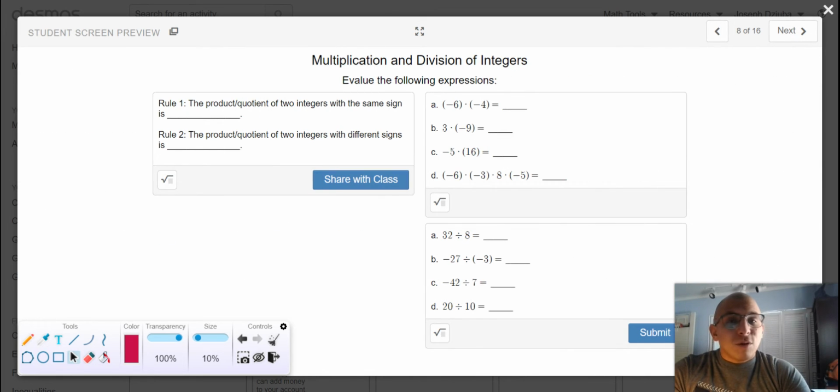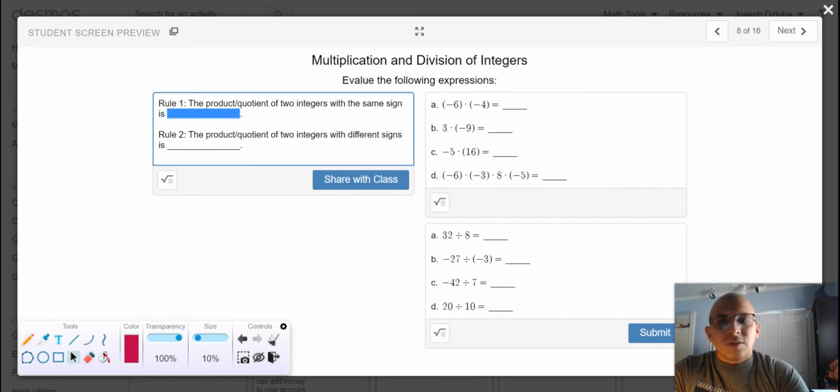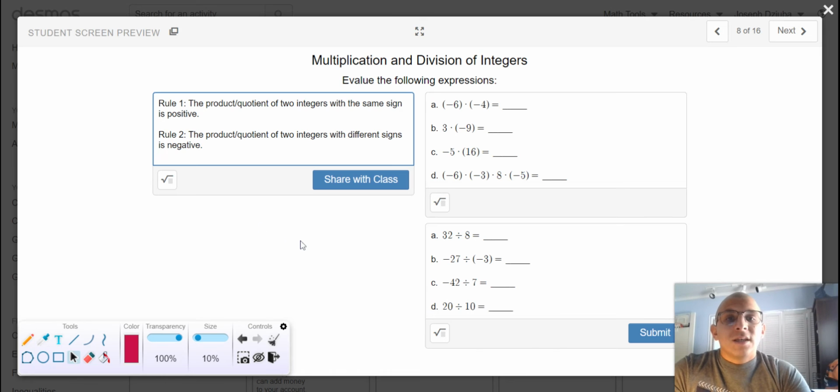Now, when it comes to multiplication and division, there are a few rules that we need to keep in consideration. When we take the product, which involves multiplication, or the quotient, which involves the division of two integers with the same sign, their output is a positive value. And if we are multiplying or dividing two numbers with opposite signs, their output, or the product and quotient, is negative.